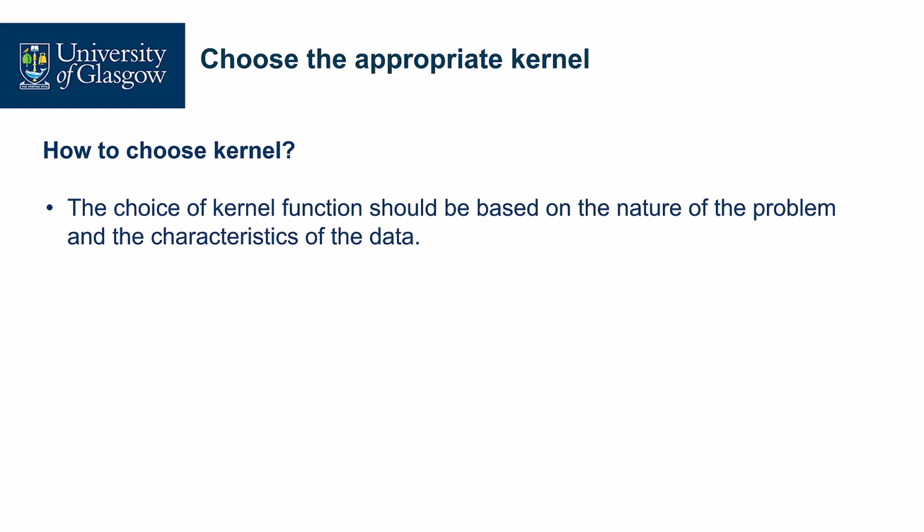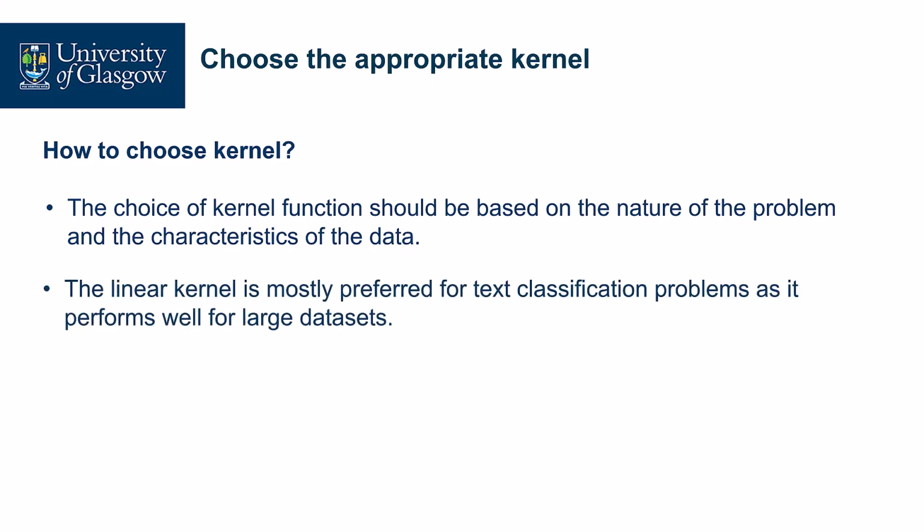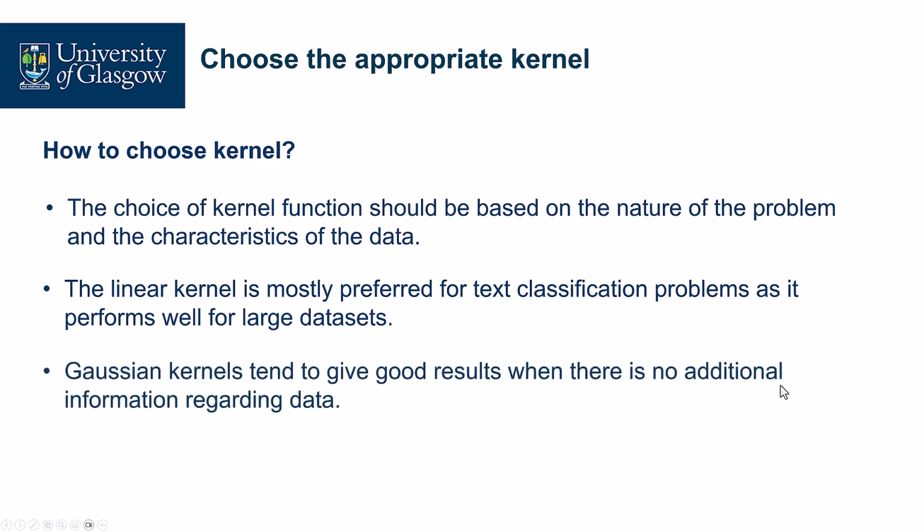But we have some tips from previous user experience. The linear kernel is mostly preferred for text classification because the data set is large. And Gaussian or RBF kernels often provide good results when there is no additional information. So these are the experiences.